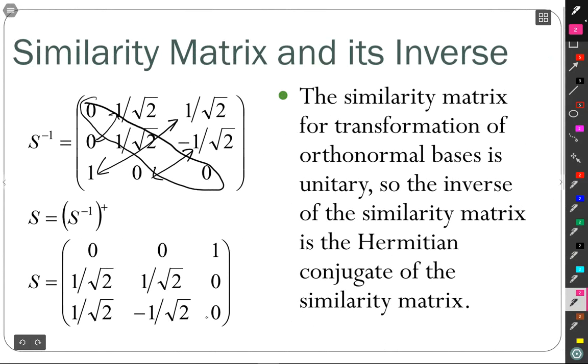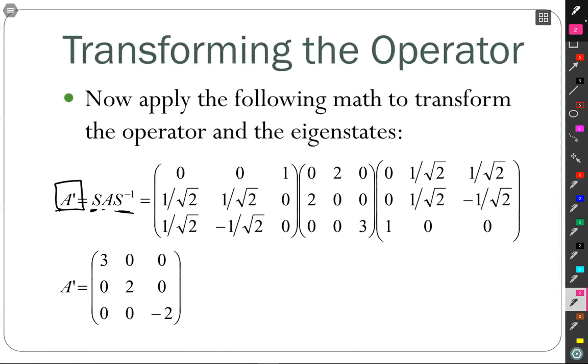Then from reading directly from those eigenvectors, you get your inverse similarity matrix and your similarity matrix. And then when you do this math, it's a lot easier because you have not as many terms to write around. And there's a bunch of zeros. And so it ends up giving you the trace elements are the eigenvalues.